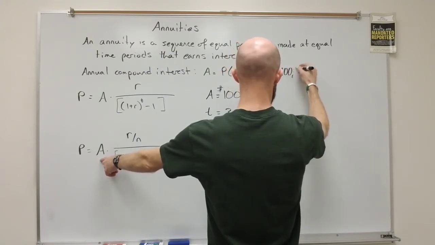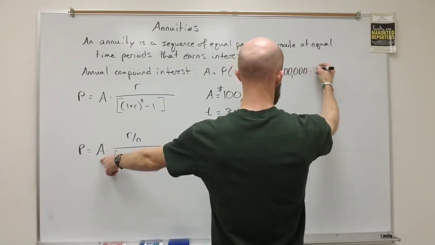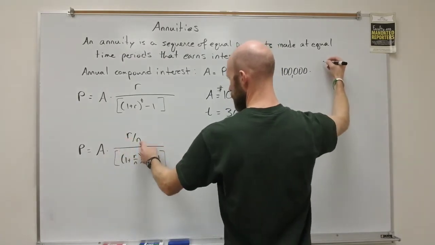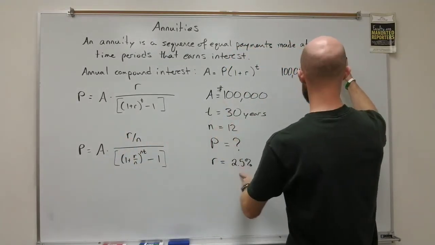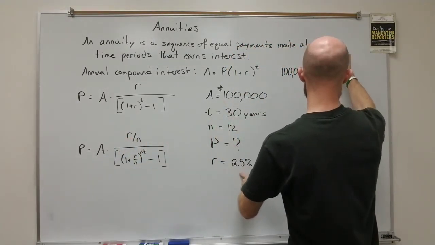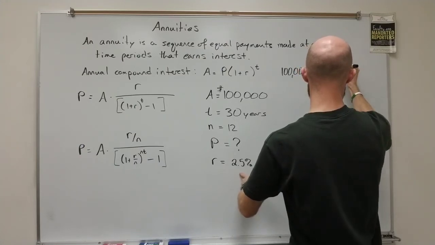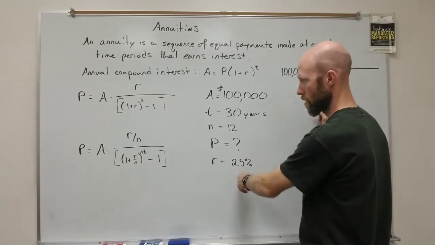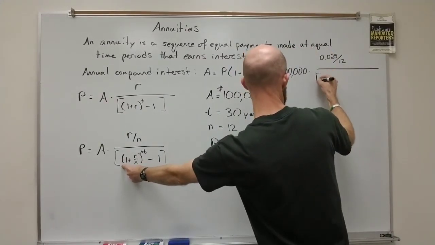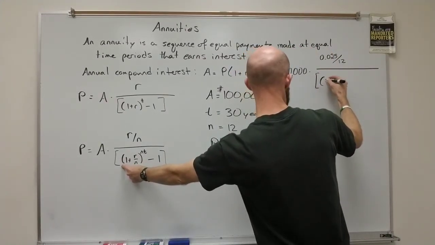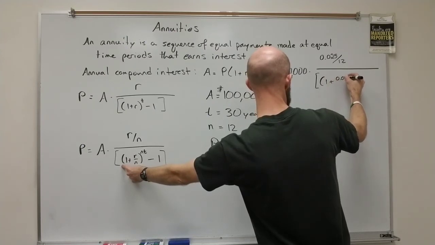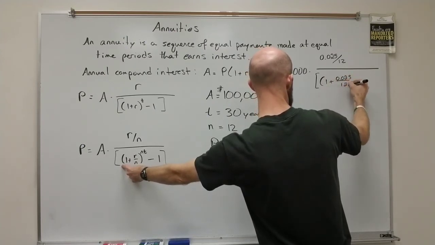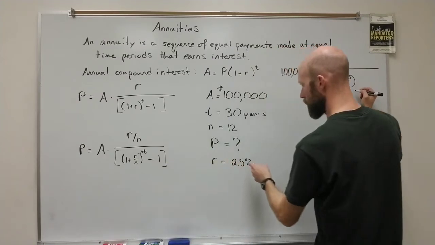That's going to be 100,000 times R over N, which is 0.025 over 12, all over that quantity right there. So 1 plus 0.025 over 12 again, raised to the NT.